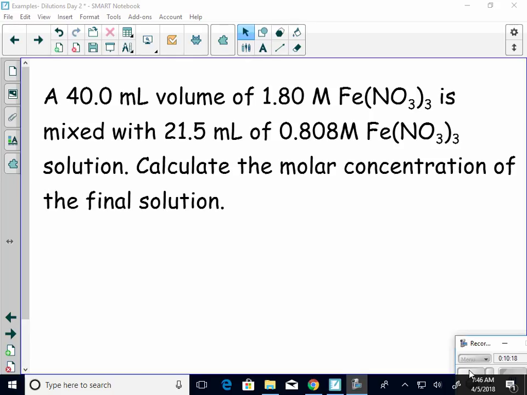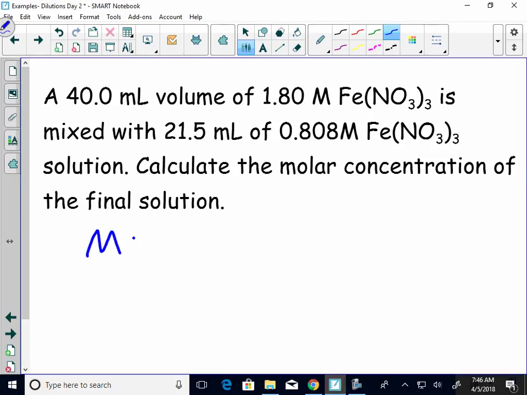What I need to do is to determine the number of moles that are in each solution. I know that molarity times my volume is going to give me my number of moles, correct?